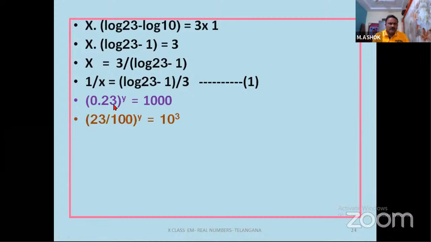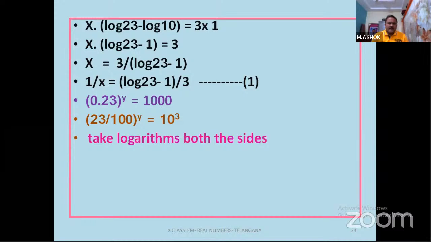This becomes 23 by 100 to the power of y. I am writing 1000 as 10 cube. So 0.23 means if you remove the point, write the remaining digits in the numerator, that is 23, and for the point put 1 and for 2 digits put 2 zeros. 23 by 100 to the power of y is equals to 10 cube.